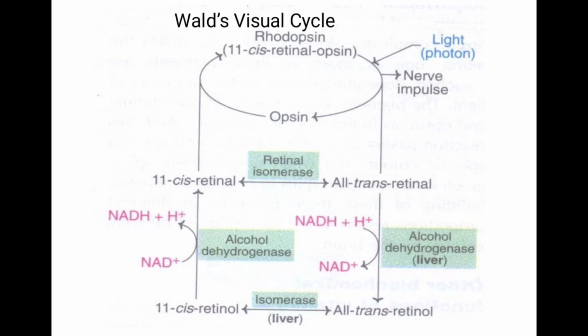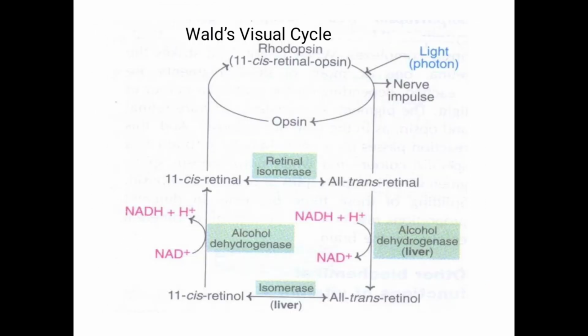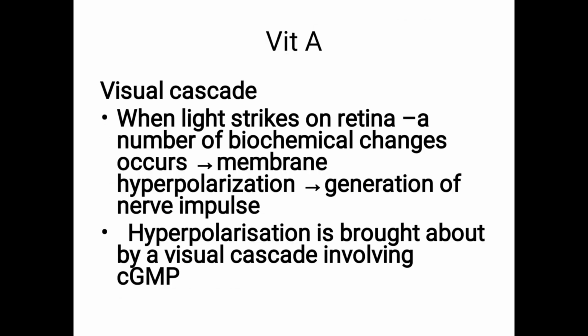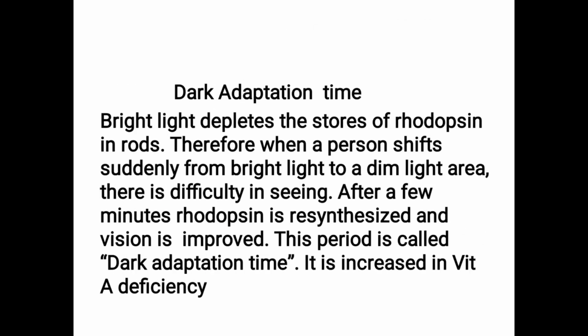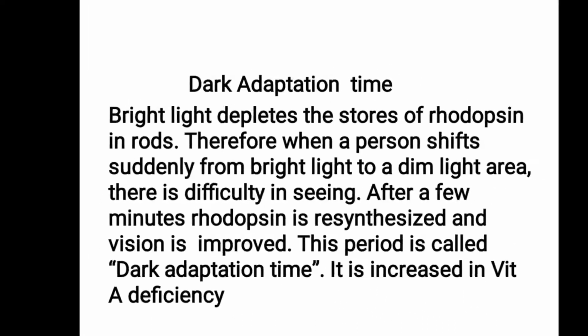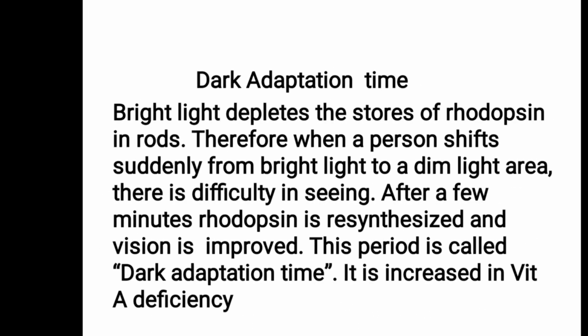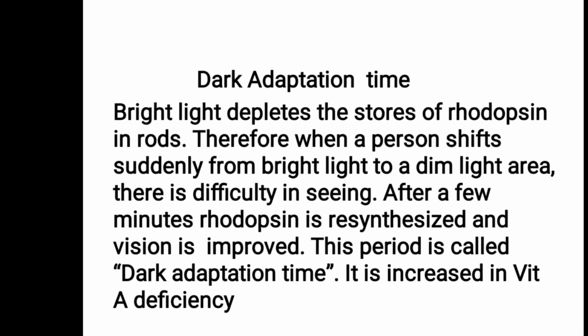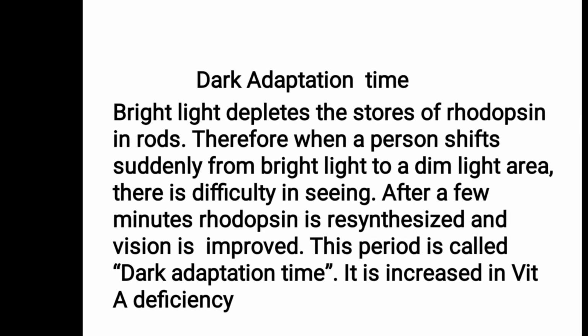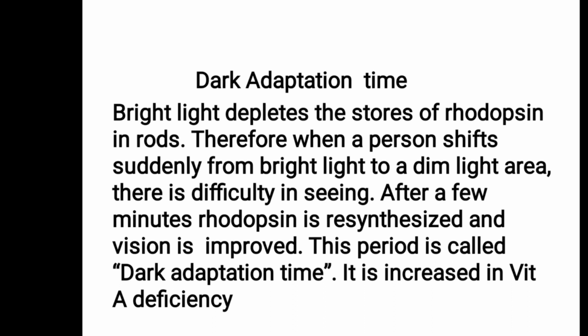This is later transformed back to 11-cis retinal plus opsin, and rhodopsin is regenerated. But when bright light is there, it depletes the storage of rhodopsin, because rhodopsin is converted to all-trans retinal.